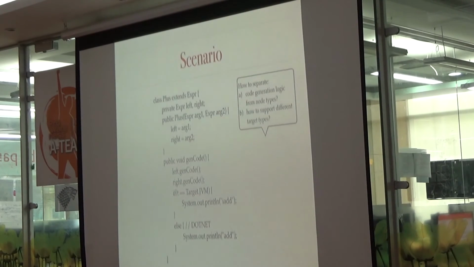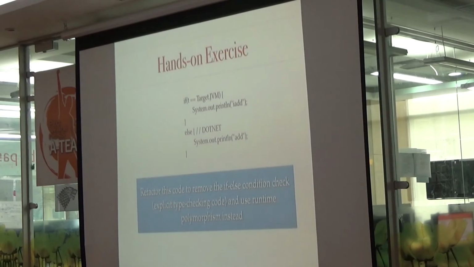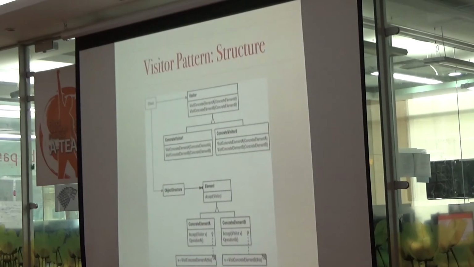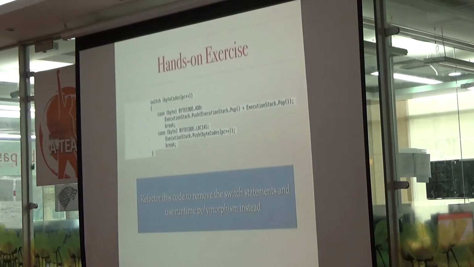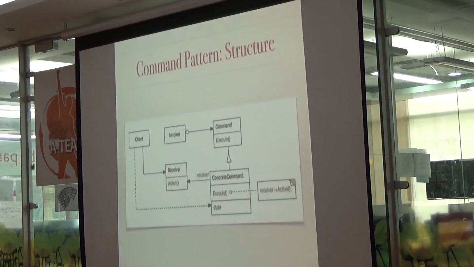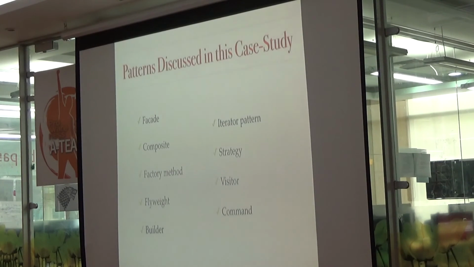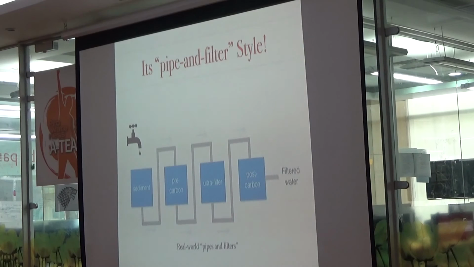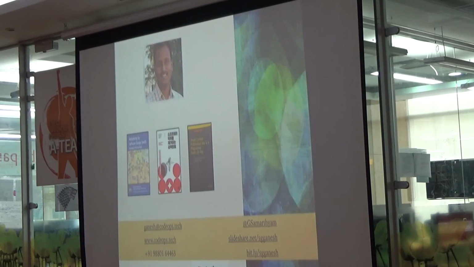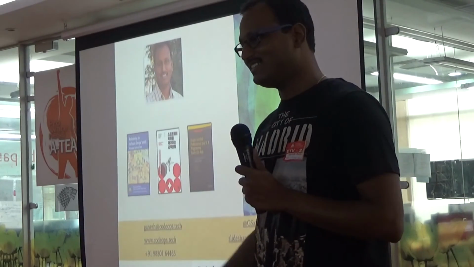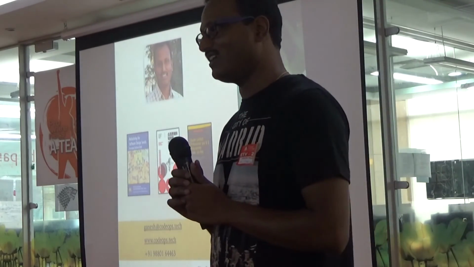How to use iterators, we can use yield, how to use visitor pattern, how to use strategy pattern, how an interpreter may look, and how you can use command pattern, and so on. You can go through this yourself. You have the idea flow now, so you can understand it yourself. With that, I think I'm eating your time now, so let's break for lunch.